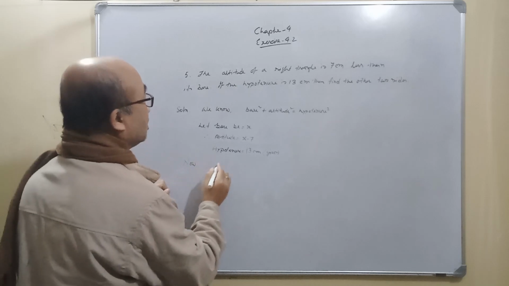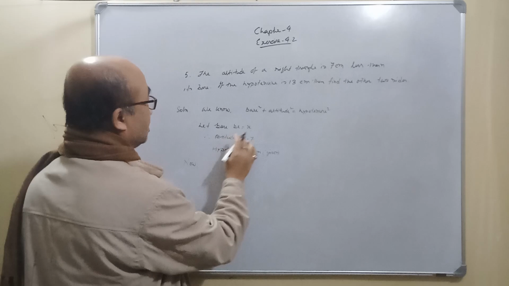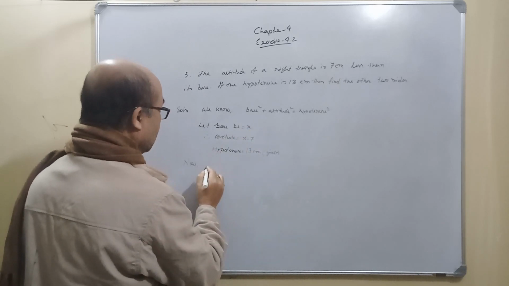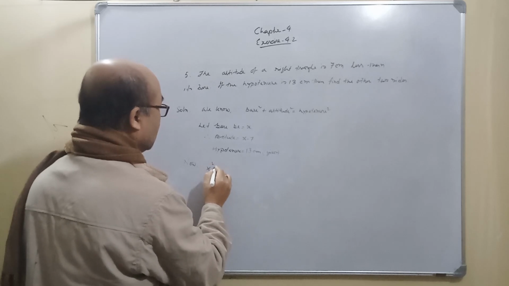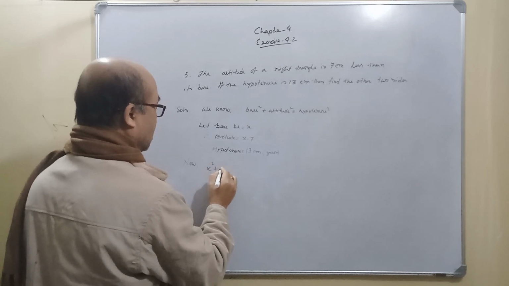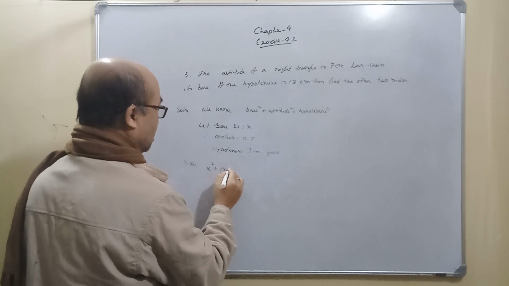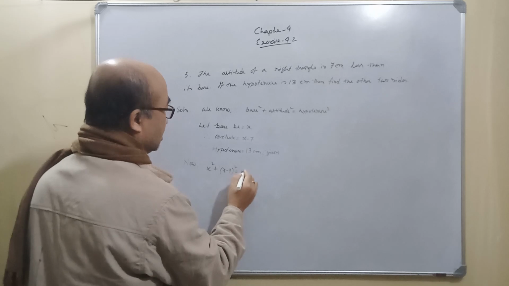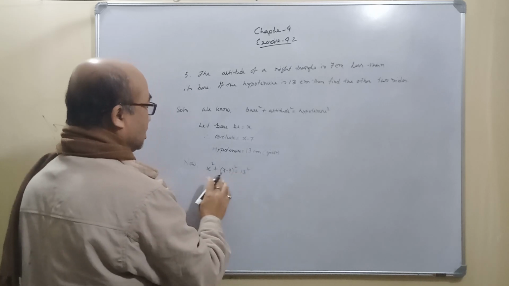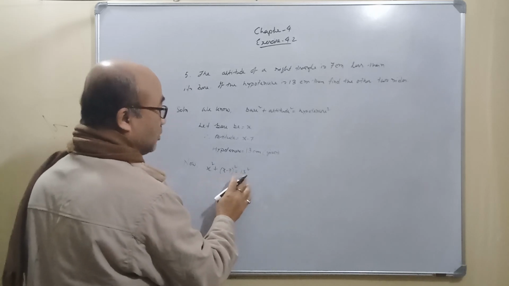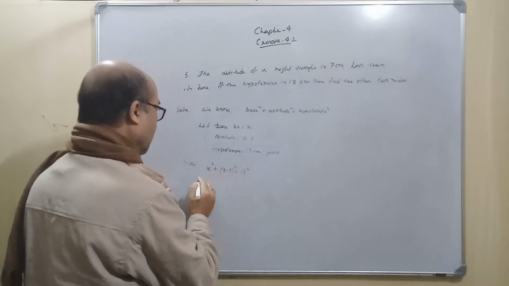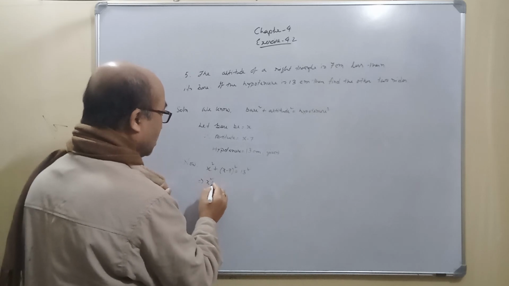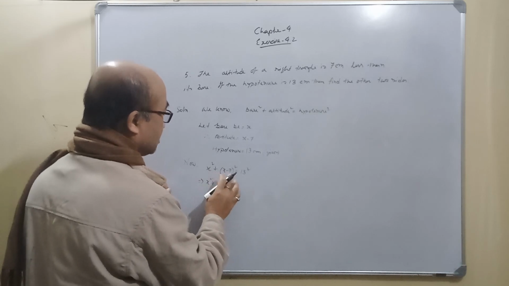Now we have altitude square plus base square, or base square plus altitude square, is equal to 13 square. Base square plus altitude square is hypotenuse square, Pythagoras theorem. So we get a quadratic equation. This is a minus b formula.